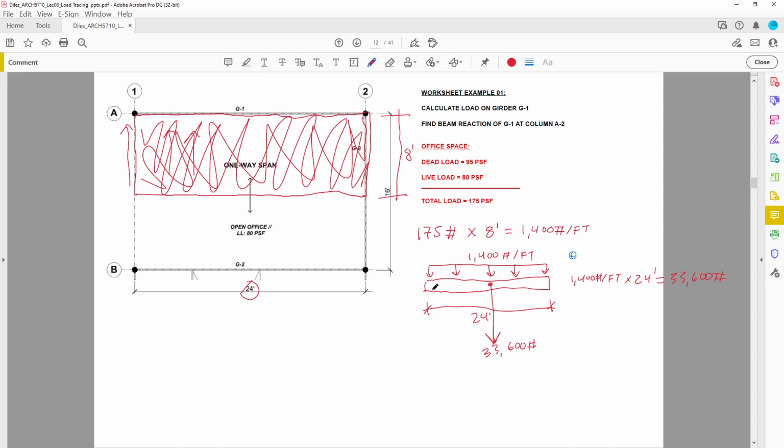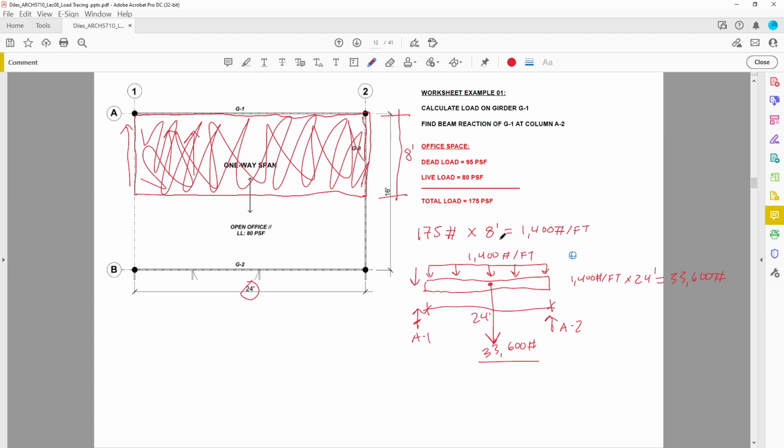And we don't need to do a moment equation for this beam. So we have column A1 pushing up on this side. We have column A2 pushing up on this side. And we don't need to do a moment equation because the beam is symmetrically loaded, right? Our point load, or our continuous load, visualized as a point load, is right in the middle of the beam.